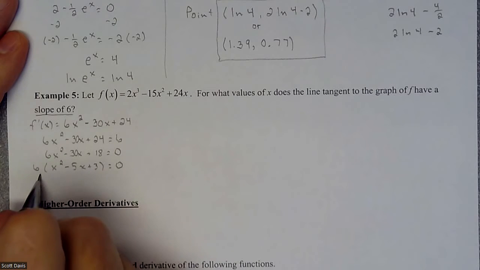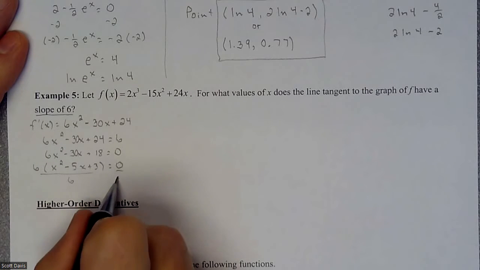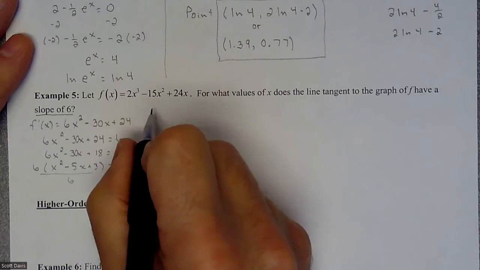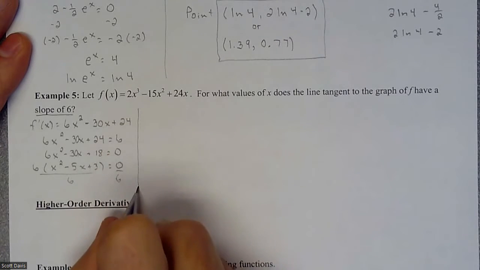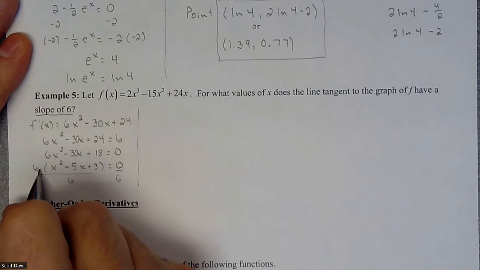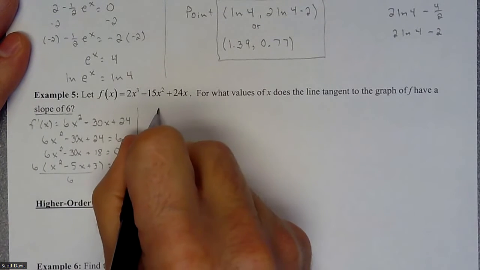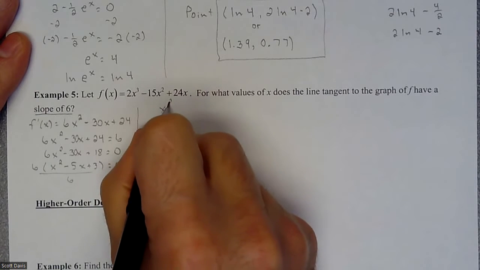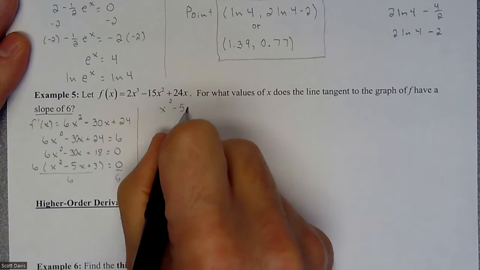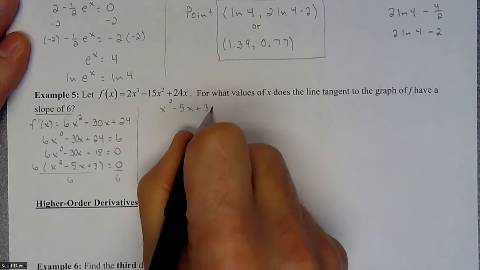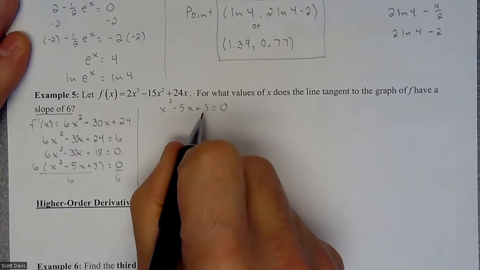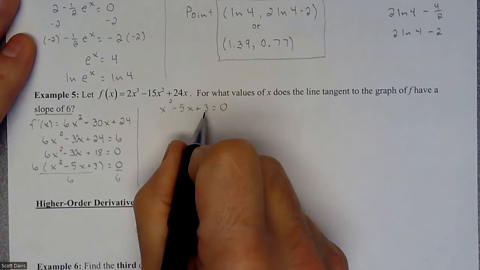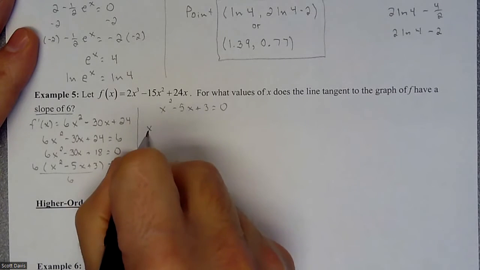The 6, technically, we could divide the 6 over to the other side, but that 6 doesn't have a variable on it, so it's not going to get us any additional answers. So what we're really trying to do is figure out what this is.